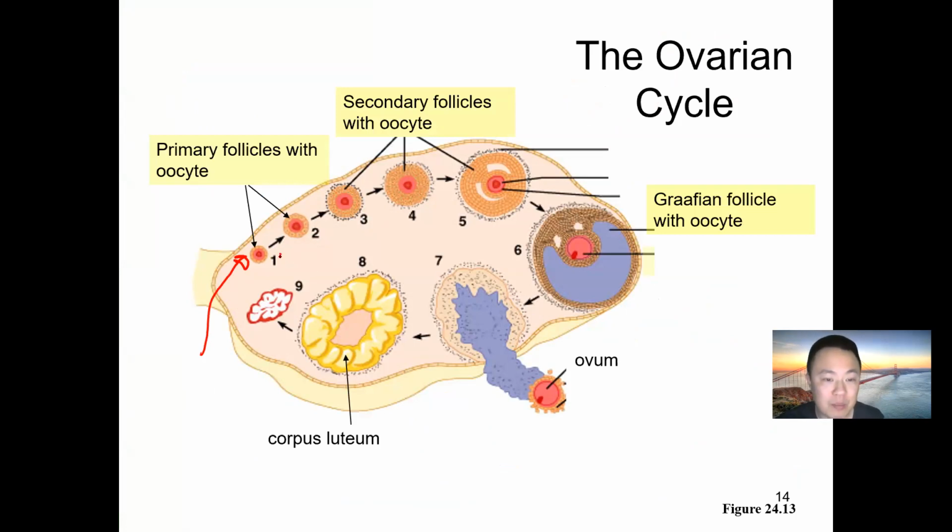Eventually they mature into secondary follicles, and then a tertiary Graafian follicle, and eventually they bust out, and when they do, it's called an ovum. What's left behind is the corpus luteum that will secrete progesterone and prepare the uterus for implantation of the zygote.